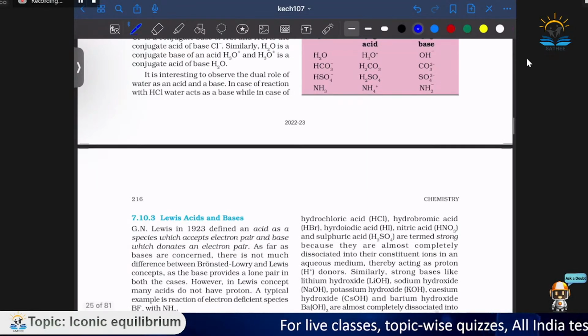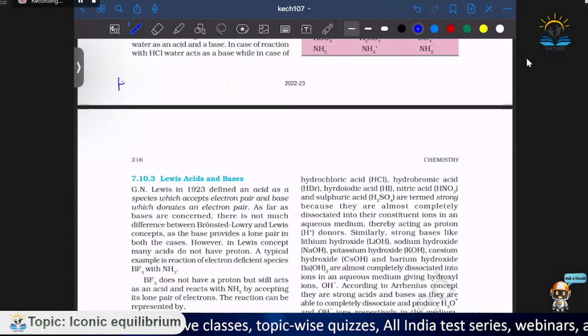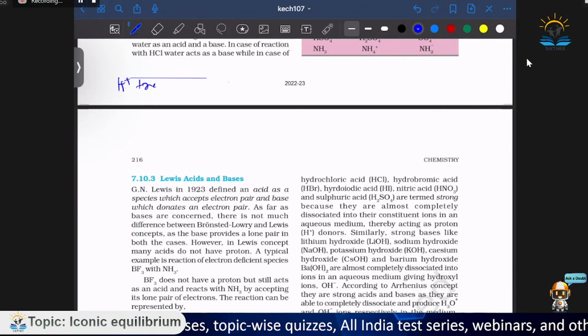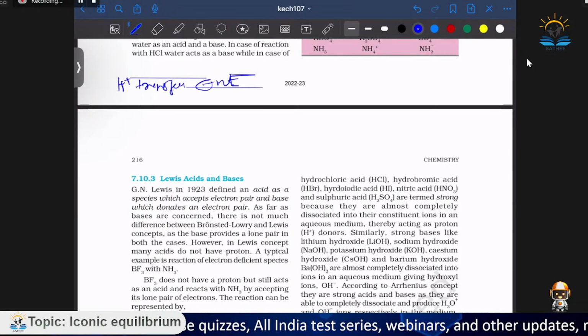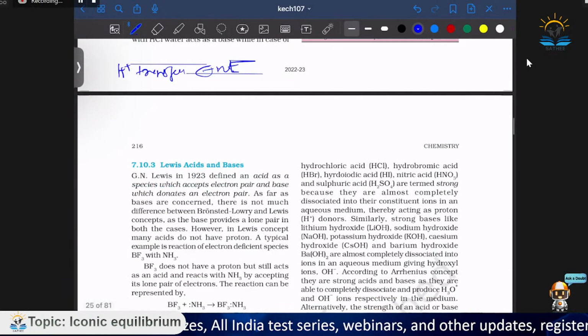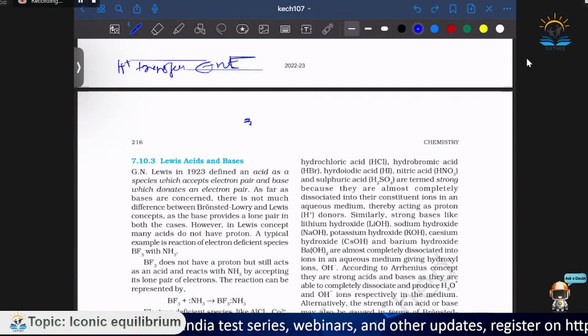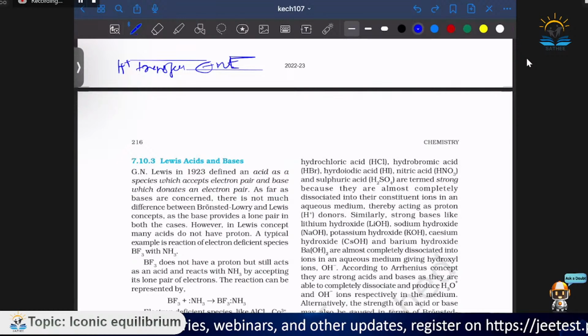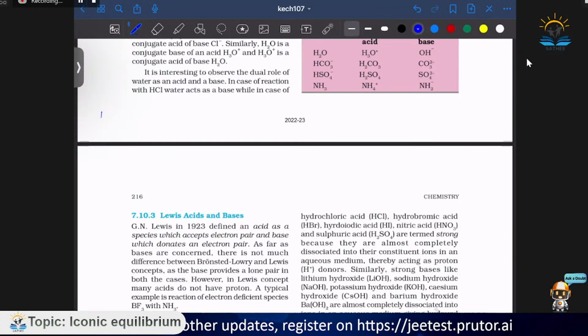There are some acid-base interactions in which there is no transfer of proton, like H+ transfer is absent. Still, we are calling them an acid-base reaction. So how do you account for them? You can't account for them using Bronsted and Lowry concept.